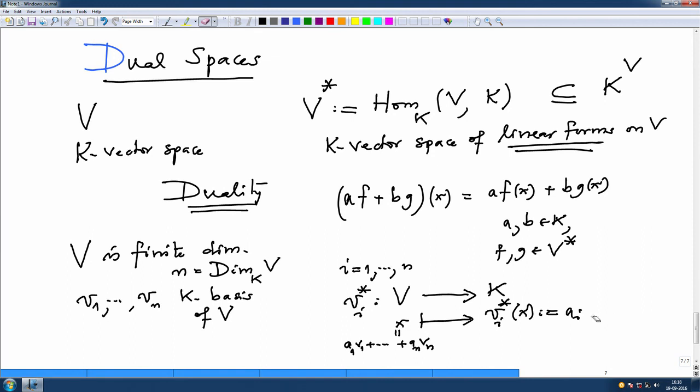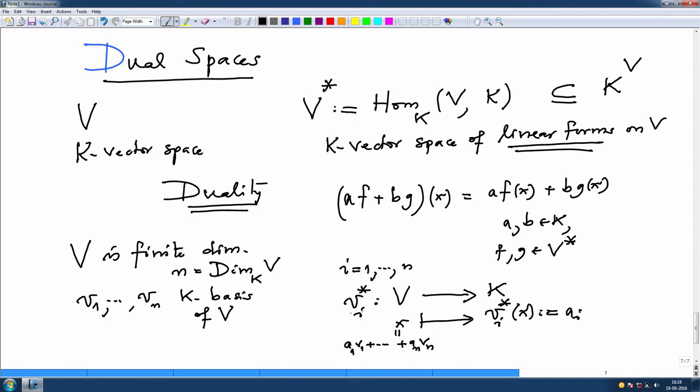So this definition makes sense because it is a basis. Note that we cannot do this when it is only a generating system or only linearly independent. We are using the fact that it is a basis. Also, one might think that vi star depends only on this vi here, but it does not depend on that alone, it depends on the whole basis.